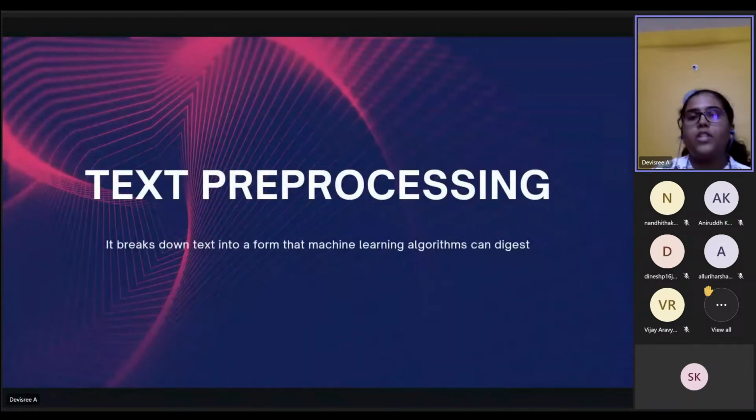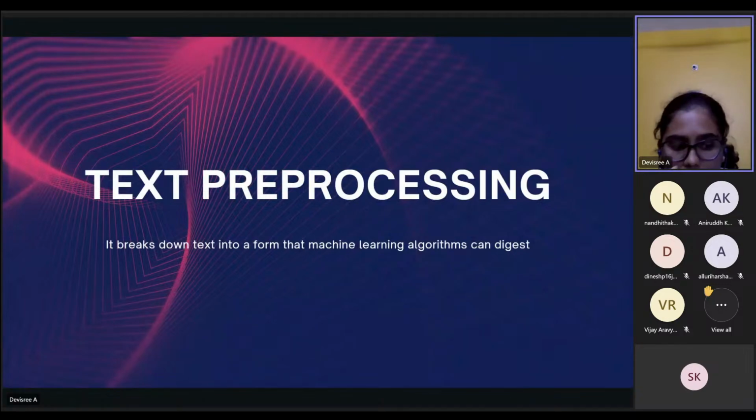Okay. So text preprocessing. Text preprocessing is one of the most initial and crucial steps for any NLP application. Text preprocessing simply means cleaning and transforming the unstructured data we have to prepare it for analysis, to input it to the ML algorithms.